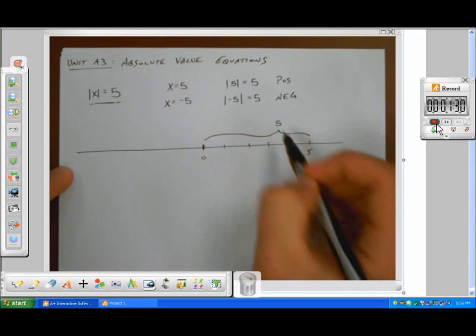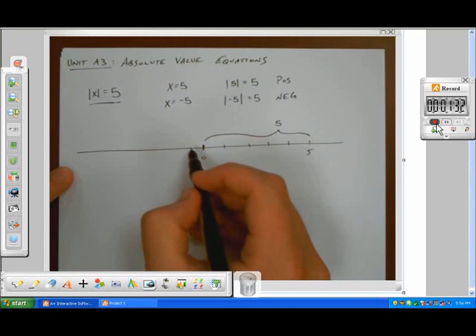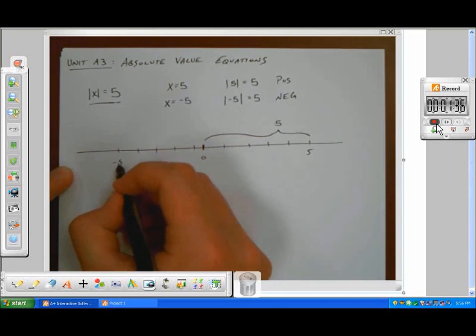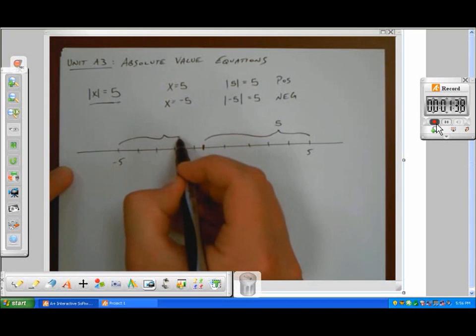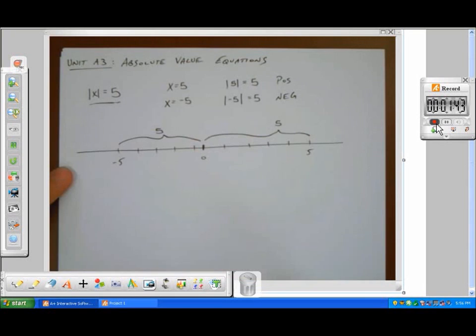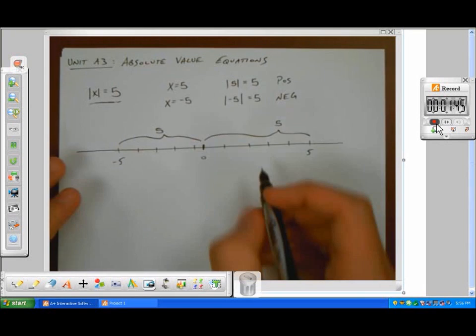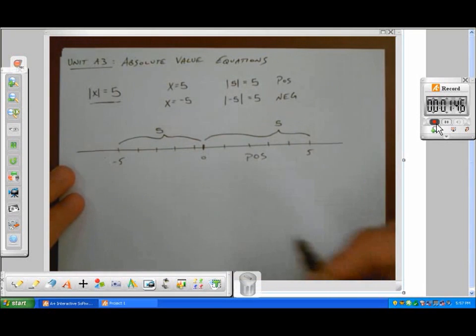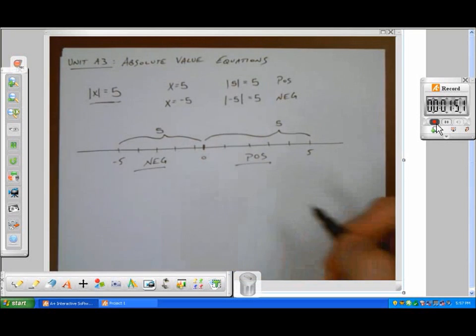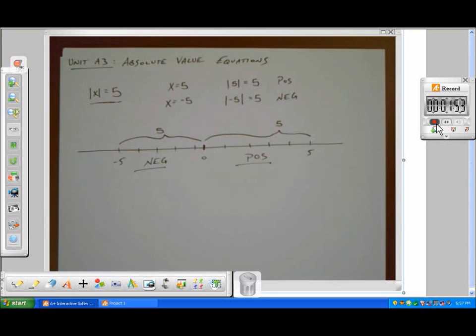But there's also a distance of 5 the other way. 1, 2, 3, 4. Because remember, distance can't be negative. That's also got a distance of 5. And so there's always a positive possibility and a negative possibility. And so that's why we're always going to have two answers. One will be positive and the other will be negative.